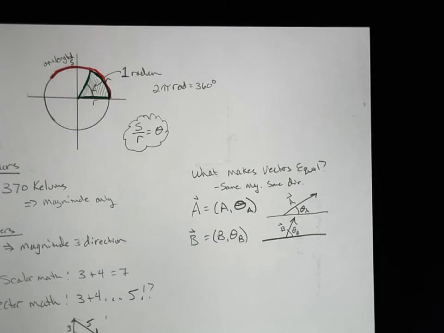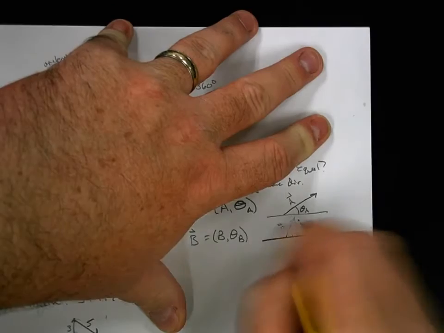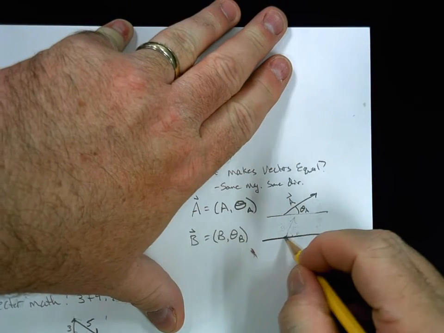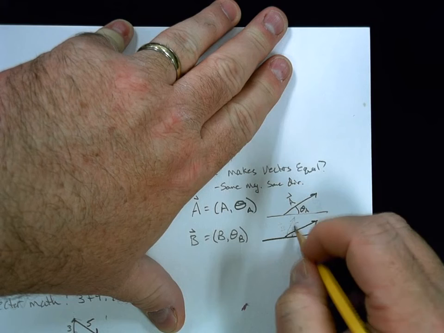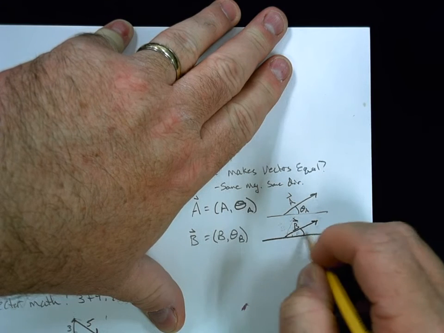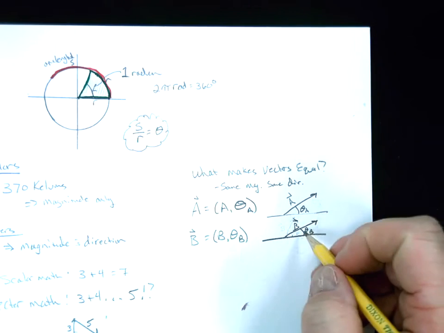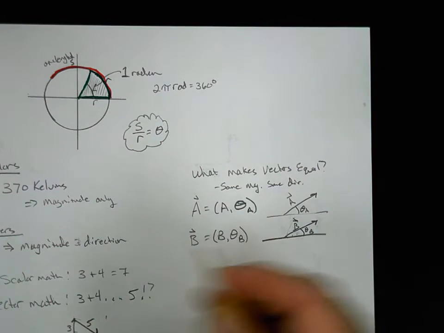Those were not even close to equal to each other. So if we do this again, with A and B and theta A and theta B, if theta A and theta B are the same size, and A and B are equal to each other, then we have equivalent vectors.